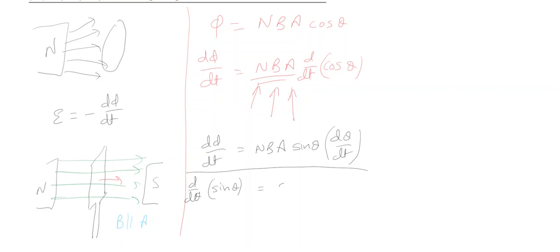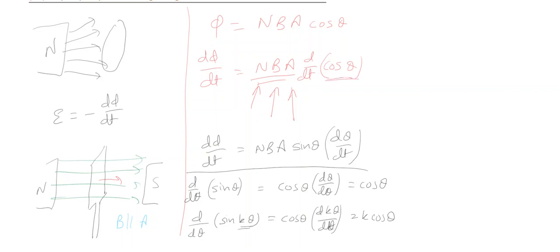But if you differentiate d by d theta of sine of k theta, then you have d theta by d theta, which is 1, so it is simply cos theta; but if you have k theta, then it becomes cos of k theta times d k theta by d theta, and the answer is k cos k theta. In 11th standard you must have done it in the topic of simple harmonic motion. This is just a reminder.